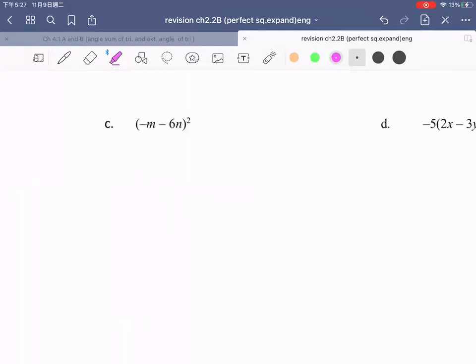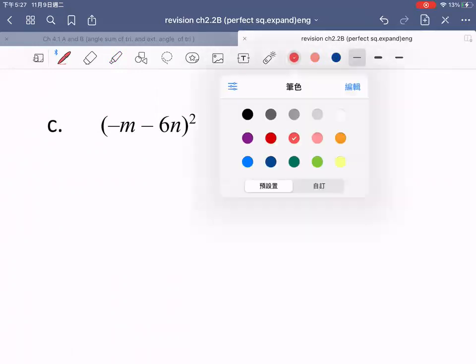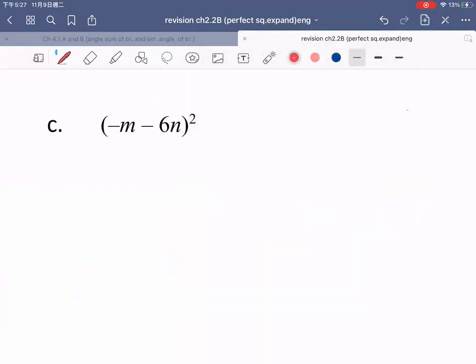So what will we do for this? In fact, you can have two ideas to do this. First one, you can use (a minus b) bracket square. (a minus b) bracket square is a square minus 2ab plus b square. We have just learned that in the previous one.